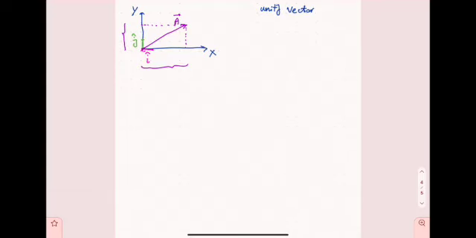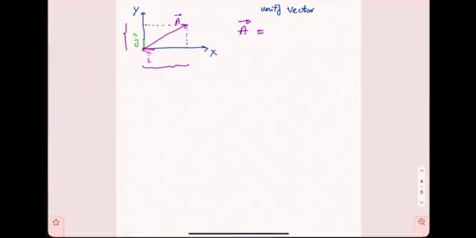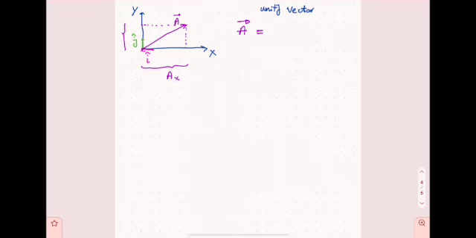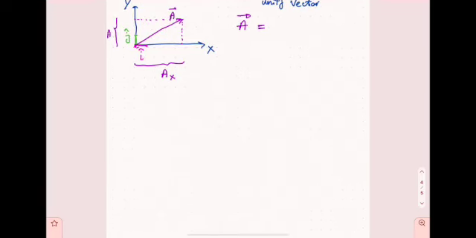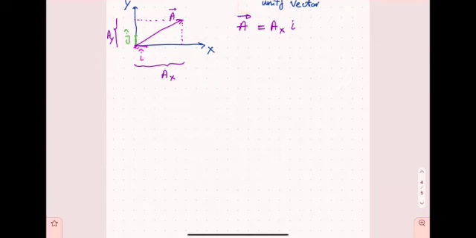Now, how do we write this? So, for example, the vector A equals some component here. For right now, we don't know how much it is. But we call this A of x, and here we call this A of y. So we have A of x times i hat, this much, in the direction of i hat, which is the unity vector of the x-axis.